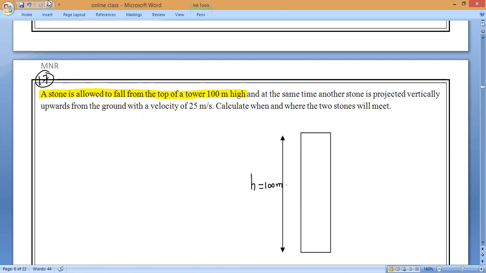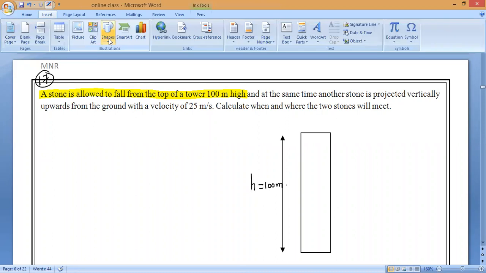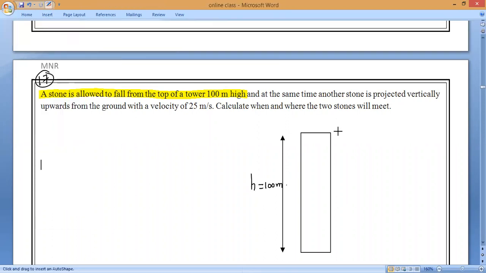Now, they're saying that the stone is released from the top. So I am taking one stone. This stone is released. Released means it is moving downwards or upwards? Downwards. So downwards means something is 0 for this body.